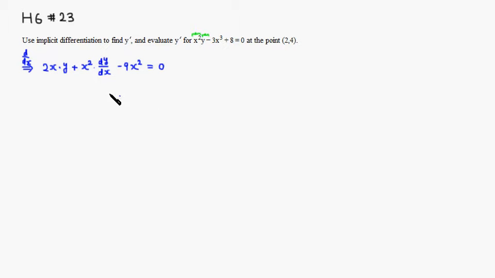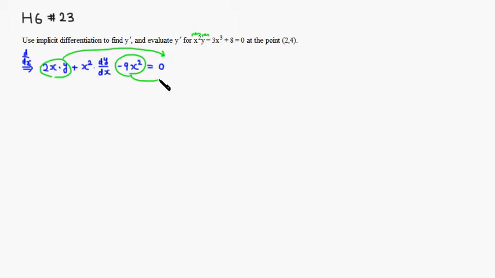Then we just need to isolate dy over dx. First I'm going to put all the terms that do not have dy over dx onto the other side. So this guy we want on the other side, and also negative 9x squared.